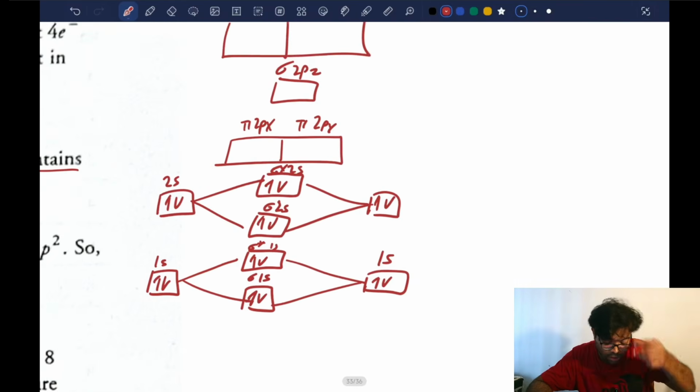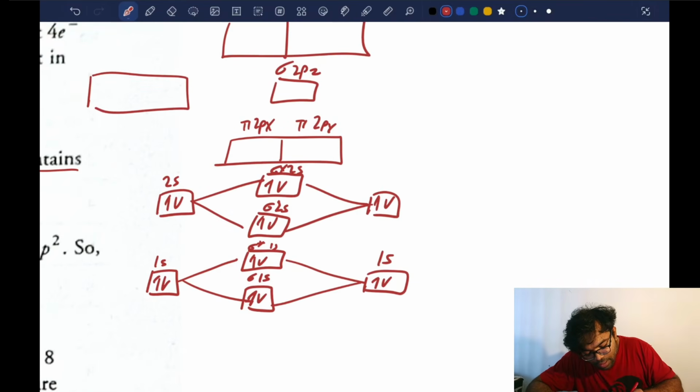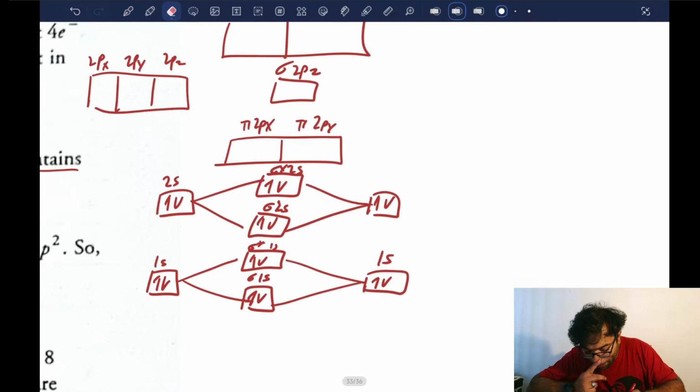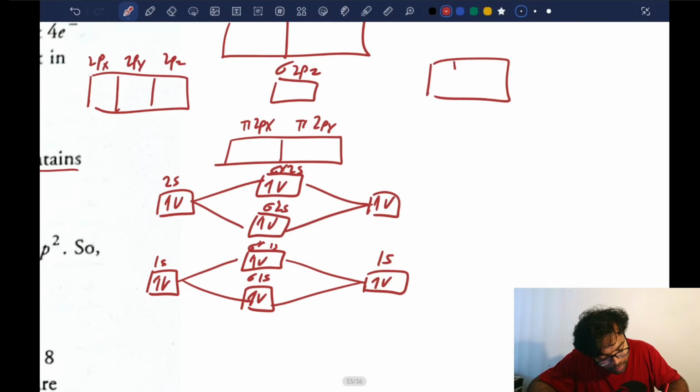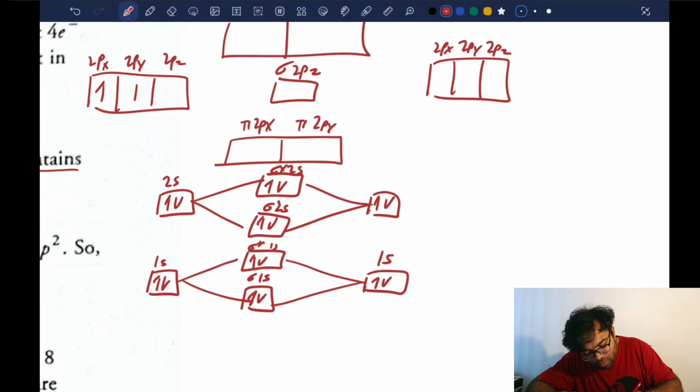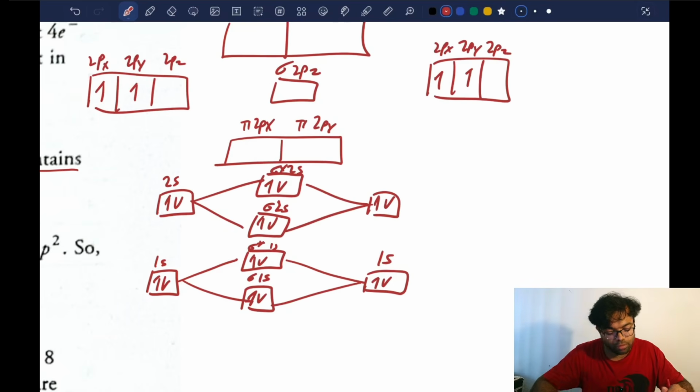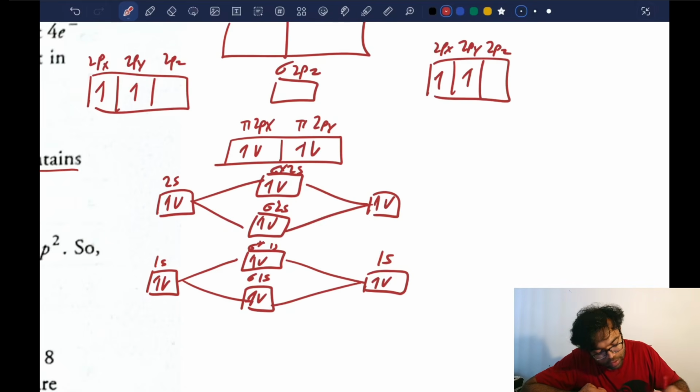Then you have how many electrons here? 2px, 2py, 2pz. There is one electron here, one electron here, one electron here, and one electron here. So the pi 2px and the pi 2py both will get filled up.